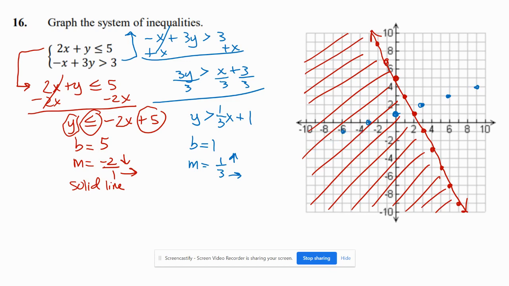Based on this symbol right here, it's going to be dashed. And then it says y is greater than 1. So values greater than 1 means we're going to shade above the blue line.